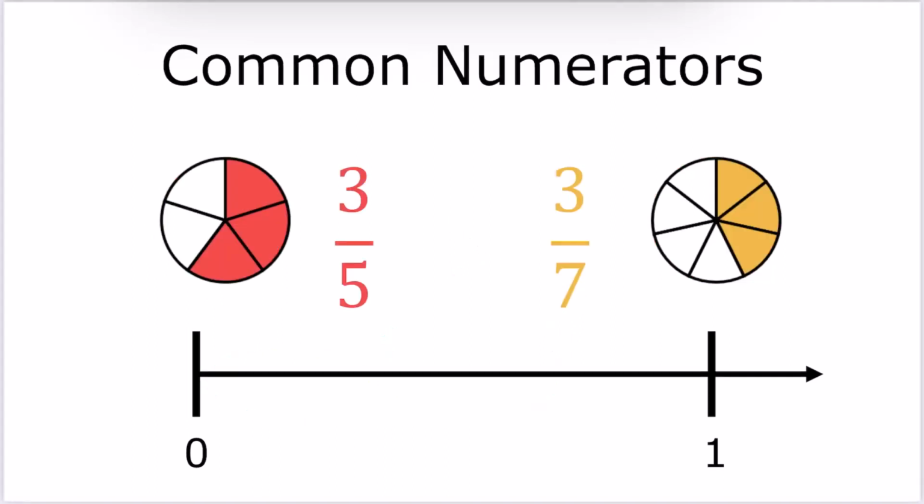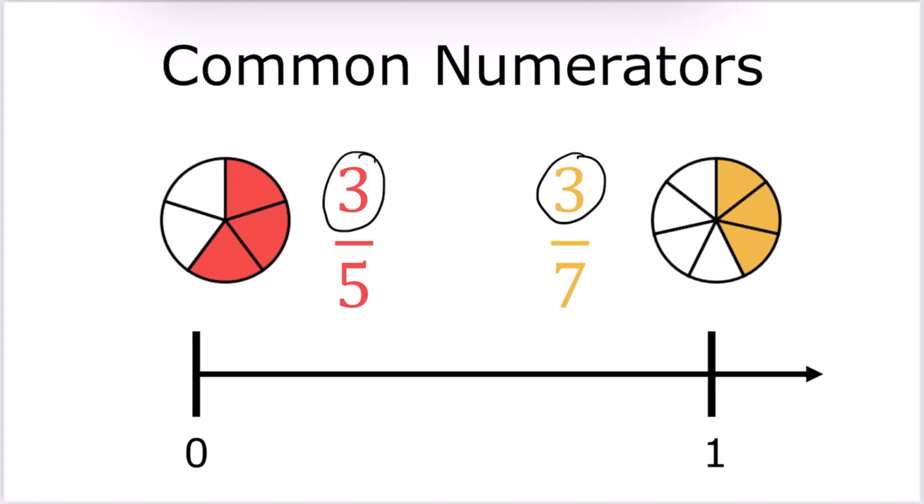Another strategy you can use is the idea of common numerators. So if you have two fractions that have the same numerator, then you can look at the denominators to determine which fraction is bigger. So the first fraction, we have 3/5, which means that our whole circle is split up into 5 pieces and we have 3 of them. And our second one is 3/7, which means that our whole circle is split up into 7 pieces and we have 3 of them.